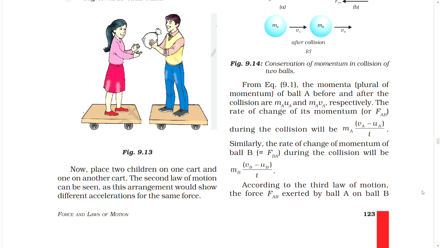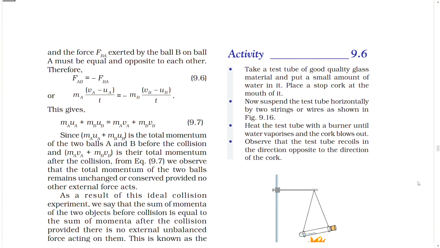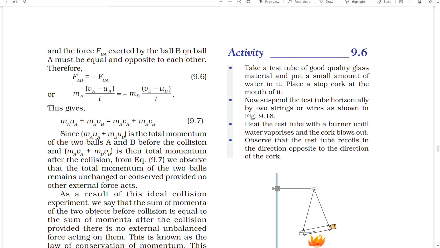According to the third law of motion, the force FAB exerted by ball A on ball B and the force FBA exerted by ball B on ball A must be equal and opposite to each other. Therefore, FAB equals minus FBA, or mA(vA minus uA) by t equals minus mB(vB minus uB) by t. This gives mAuA plus mBuB equals mAvA plus mBvB.